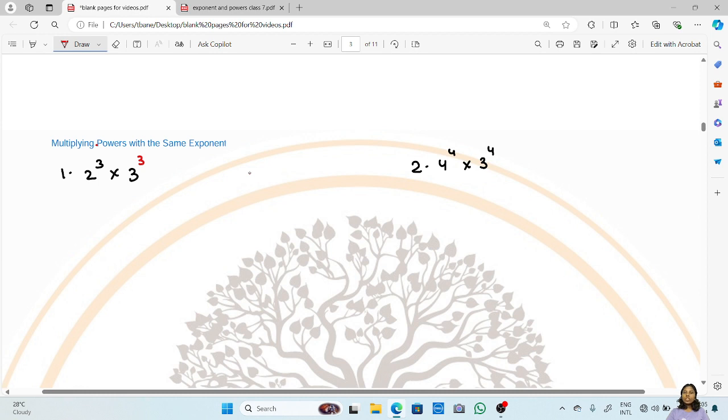So now, how do we solve this part? In this case, what we do is we simply elaborate this. So we have 2 raised to 3, that is 2 into 2 into 2, into 3 raised to 3, so 3 into 3 into 3.